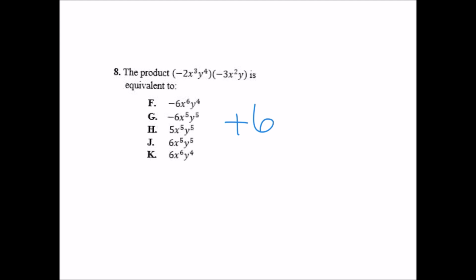You remember you're combining exponents, so that's x to the 5th. And then y, we've got y to the 4th times y to the 1st, so that's y to the 5th. So the correct answer is 6x to the 5th, y to the 5th. Correct answer is J.